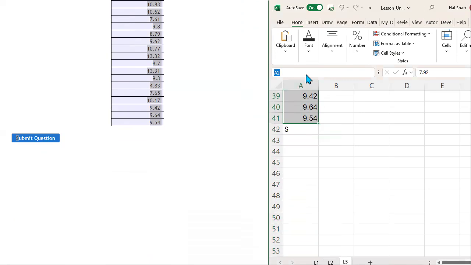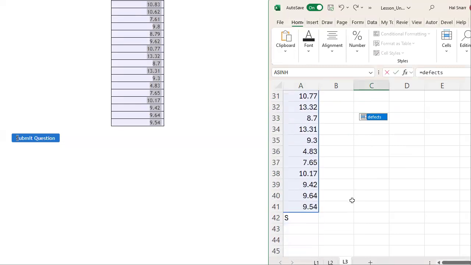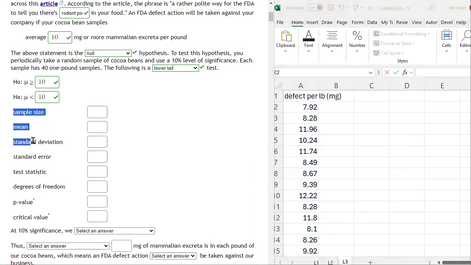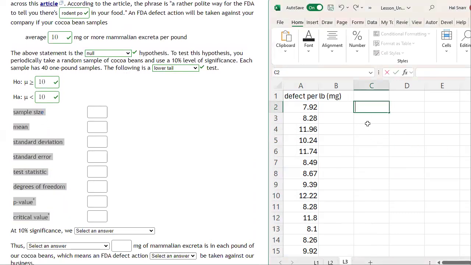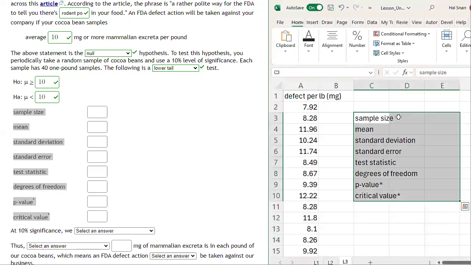I'm going to label that defects. If I were to type equal defects over here, it would put a blue box around the number. So I've defined an object, and that object is the cells that contains our sample data, right? I grab these phrases. I'm going to put it right here. I'm going to paste as match destination formatting.